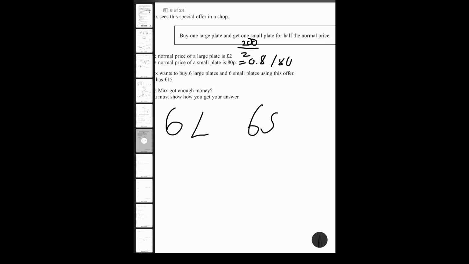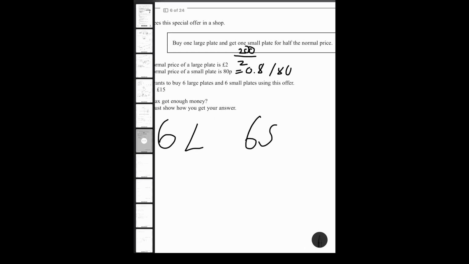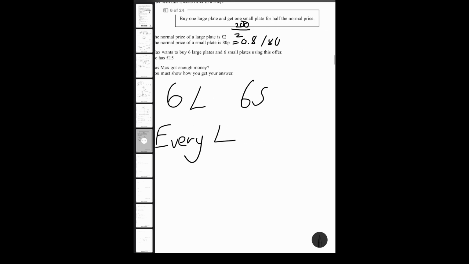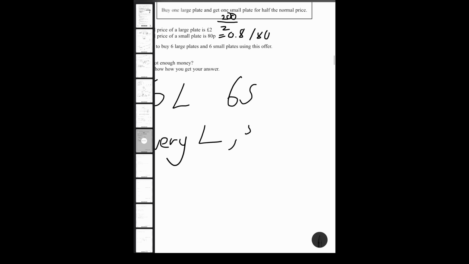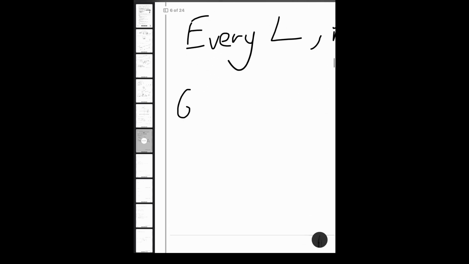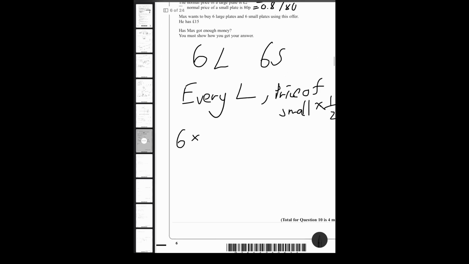So this offer, what does it entail? For every large plate, the price of a small plate is halved, right? So he's buying 6 large plates. That means he can get 6 large plates at the normal price, which is £2.